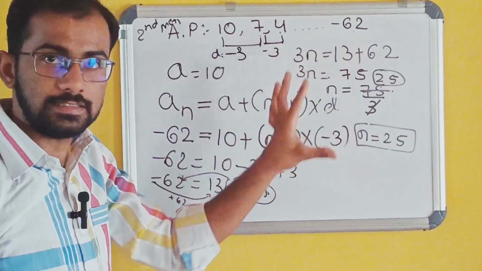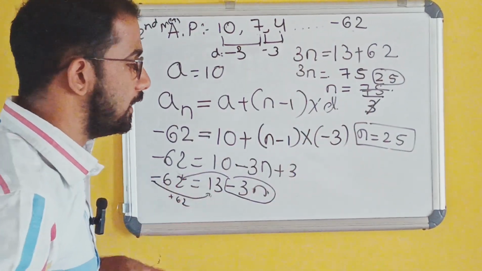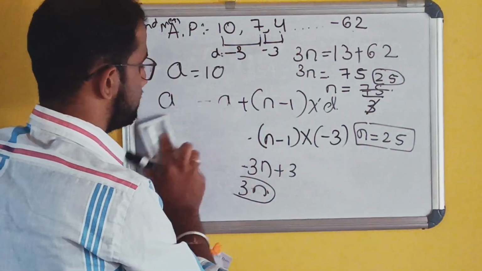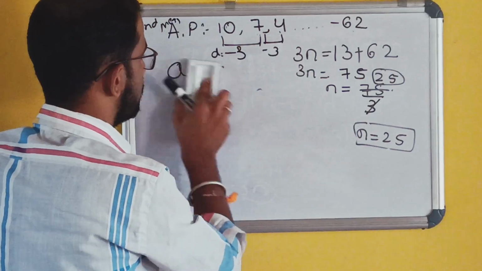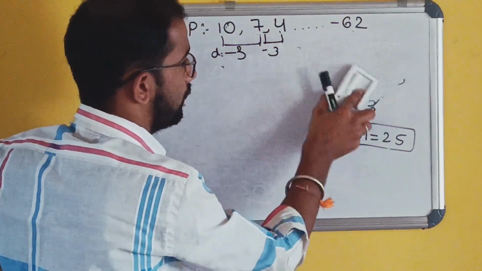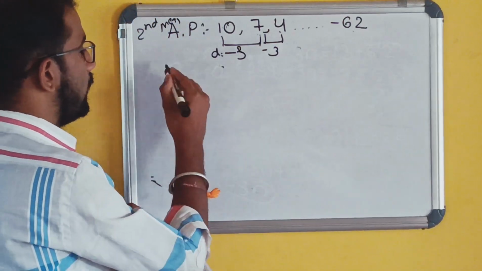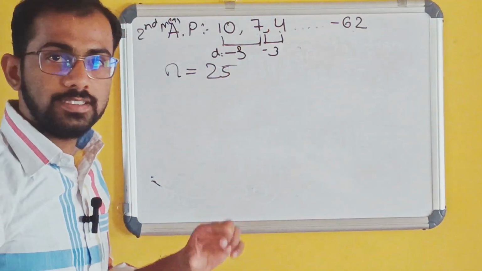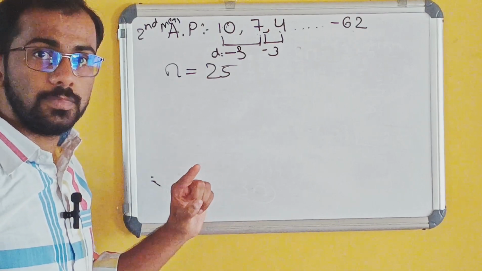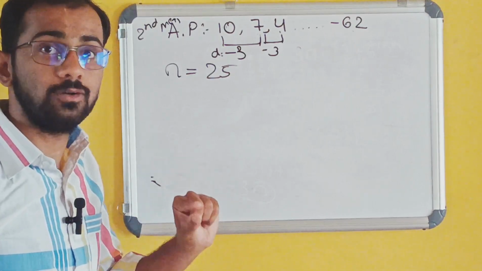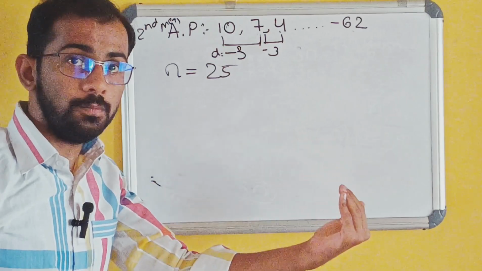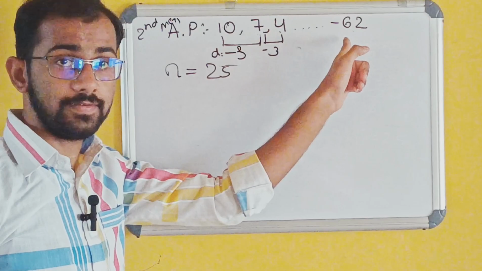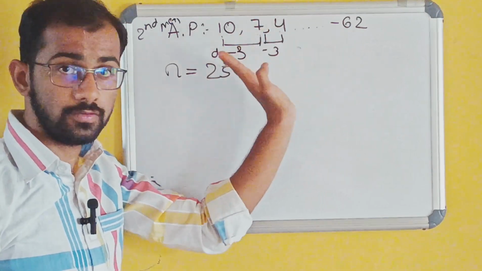So this is the first step we have solved. Let's move on to the next step of this method. We have calculated n as 25. Now see here, they have asked you to find the 11th term from the last term, from the reverse, not from here.